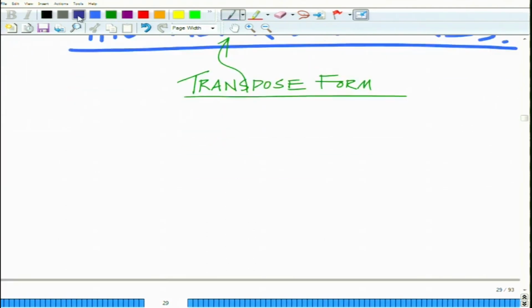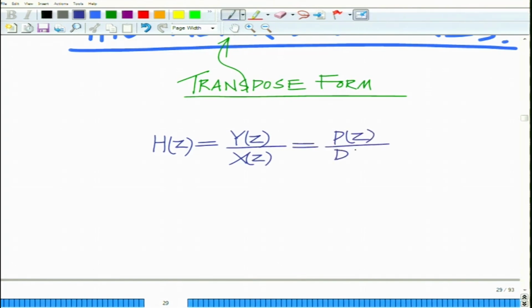Now, again consider our H(z), the transfer function, equals Y(z) divided by X(z), let us say that is given as follows, equals, similar to what we have considered before, P(z) divided by D(z). So, this implies Y(z) equals X(z), and now previously we had written it as a cascade of first P(z) followed by 1 over D(z).